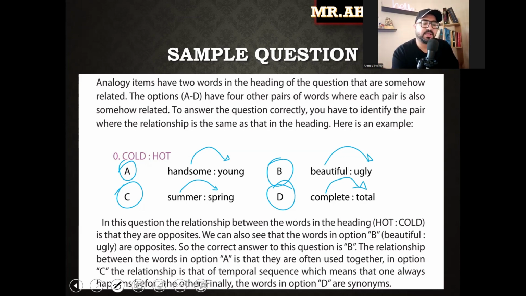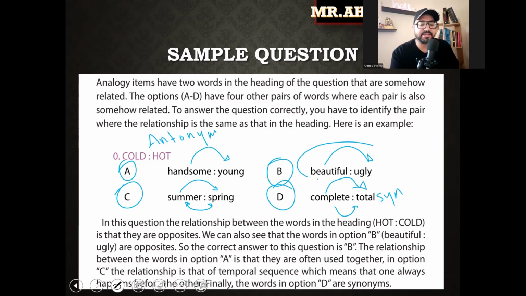Here, the relation is based on antonyms, right? Handsome and young, are they antonyms? Of course not. So what's the relation between handsome and young? Maybe it's characteristic. Maybe they are not related at all. What's the relation between summer and spring? Absolutely sequence. And then complete and total, they are synonym or word degree.